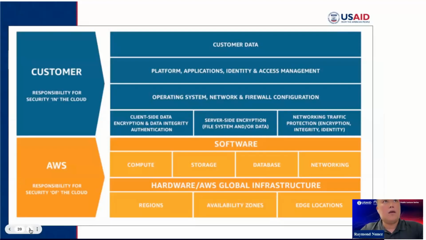The customer data, the OS, especially for EC2 network fiber configuration, that's still on the side of the client. And in the event that there is a breach, that would entail determining whether the entry point really came from the customer's responsibility, or is it an issue with the vendor's responsibility?